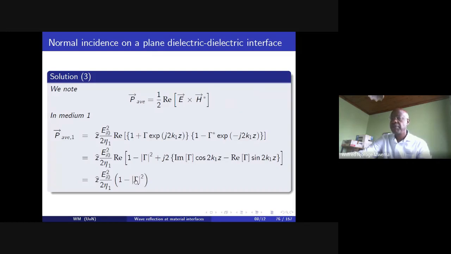Because gamma multiplied by EI0 is the amplitude of ER, which is ER0. Therefore the magnitude of gamma squared, multiplied by EI0 squared, divided by twice eta 1, gives us the power in the reflected wave. So this is the value you have in there.